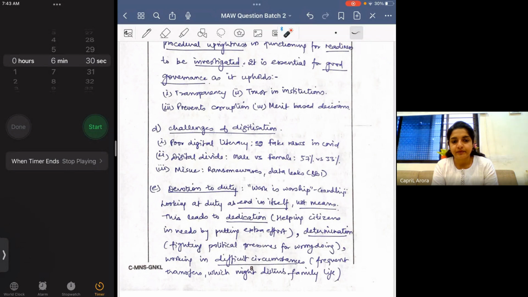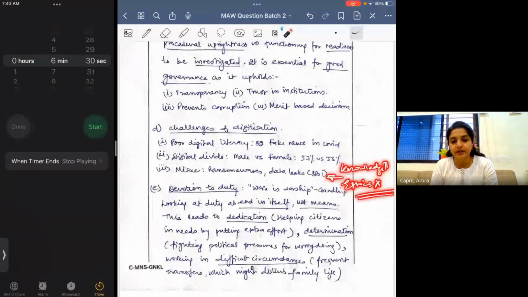Right? Ransomware, where the person has huge knowledge but ethics are zero. This leads to high skill, low ethics, and this is the outcome when we give such a tool in the hands of a person who does not have good values.